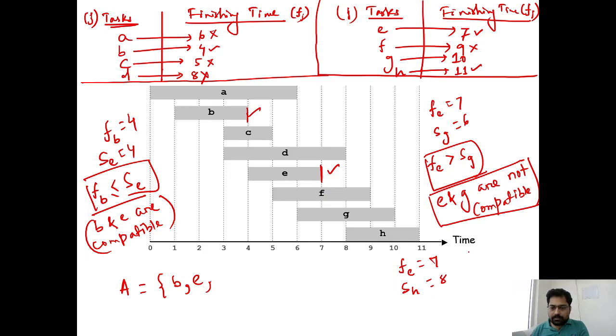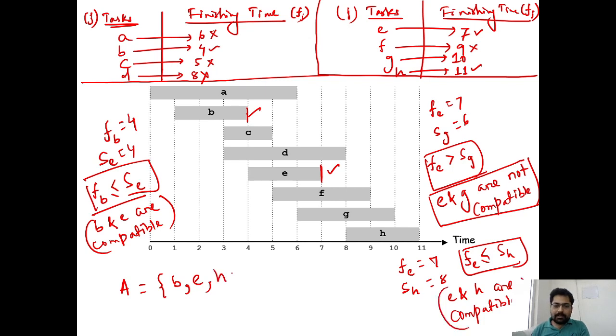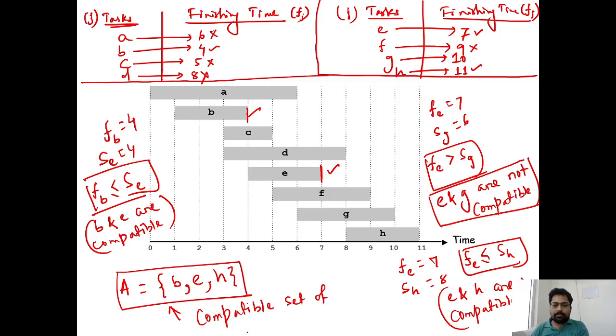So here it satisfies: f of E is less than or equal to s of H. E and H are compatible. So for this case we are keeping H. So this is the compatible set of jobs.